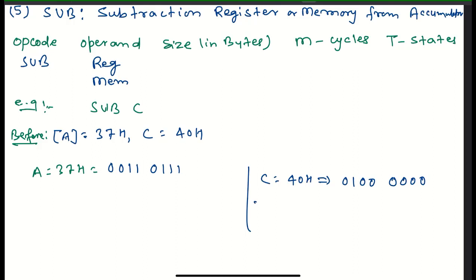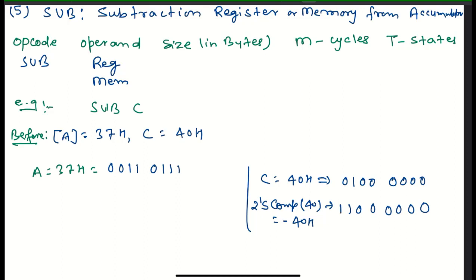Now we have to take the 2's complement of 40H so that it becomes the representation of minus 40H. If you take its 2's complement, how can it be written? This will be 0, 0, 0, 0, 0, 0, and the first 1 will stay as it is. After the first non-zero element, the value is 0, so this will be 1.